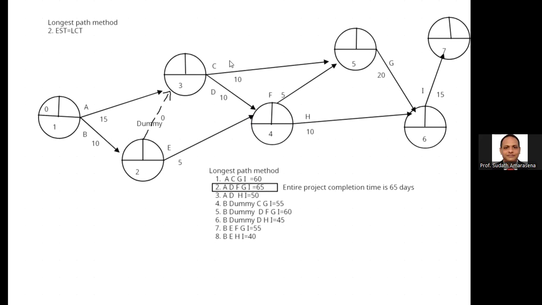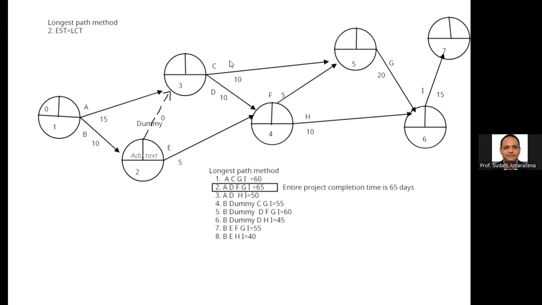Right, you understood. We have just started the project, and we have not completed any activity. That's the reason we put the early starting time of event number 1 as 0. Then, when calculating the second event, you need to add the activity duration to the previous early starting time. 0 plus B 10, the second event is also 10.